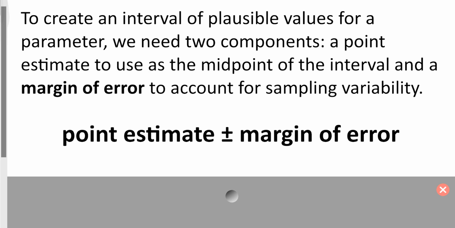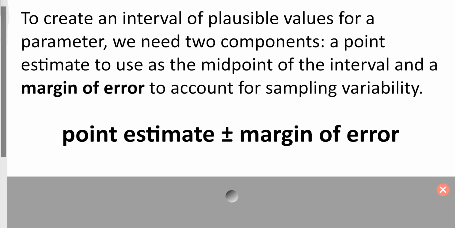Now, to create an interval of plausible values, which is our confidence interval, we need to know two components. We need the point estimate, which is the middle, essentially, but it's whatever statistic we're using here. It's the midpoint of the interval and is surrounded by whatever margin of error we have.